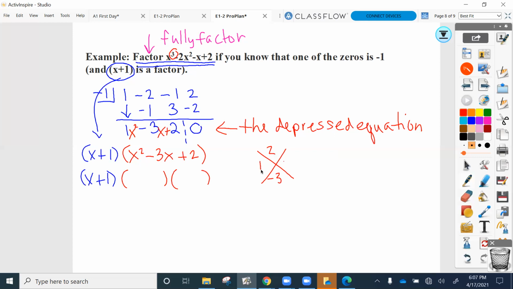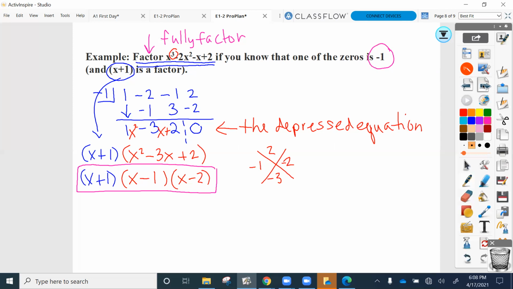It's definitely 1 and 2, and they both have to be negative in order to add up to a -3. So we know that the other factors now are x minus 1 and x minus 2. So what you've done is you've fully factored this by using the 0 that they gave you to first do synthetic division. Then you get the depressed equation and factor that further to fully factor it.